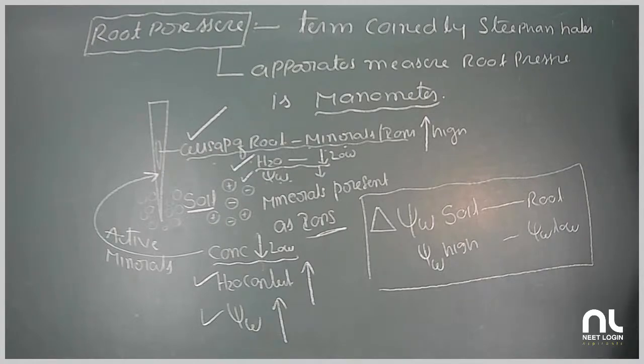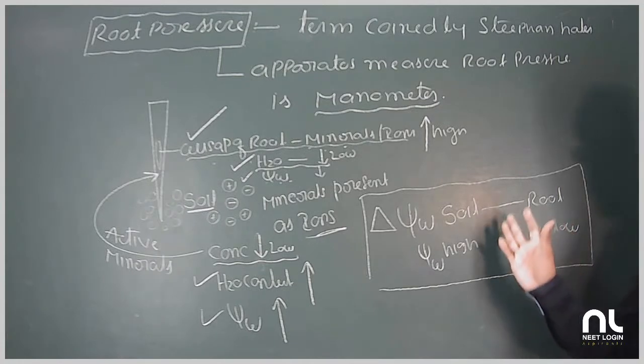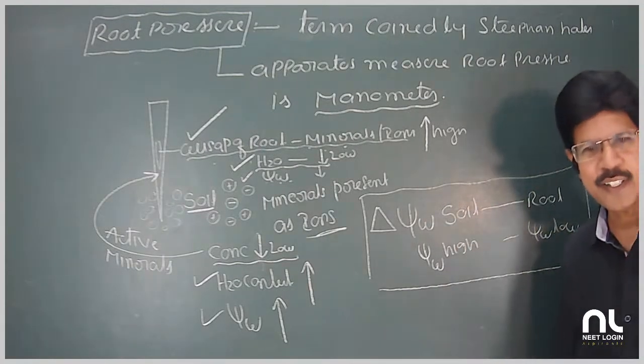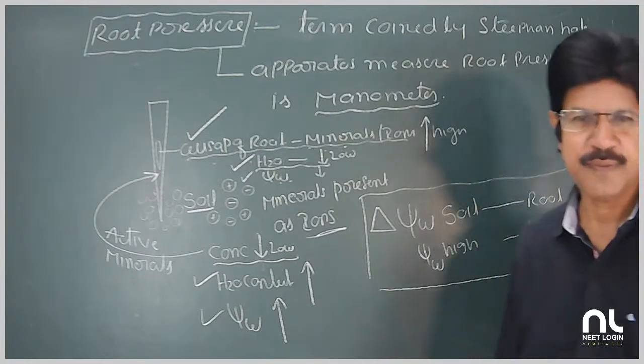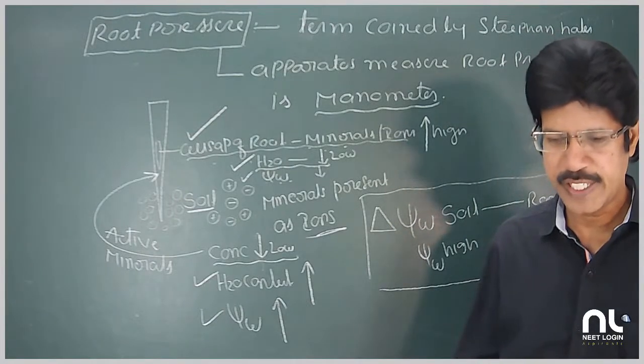As minerals enter into the root, its concentration increases and water potential decreases in the root. As the water potential gradient is established from soil to root, more water enters, so root cells are saturated with water. What pressure is created? Hydrostatic pressure.